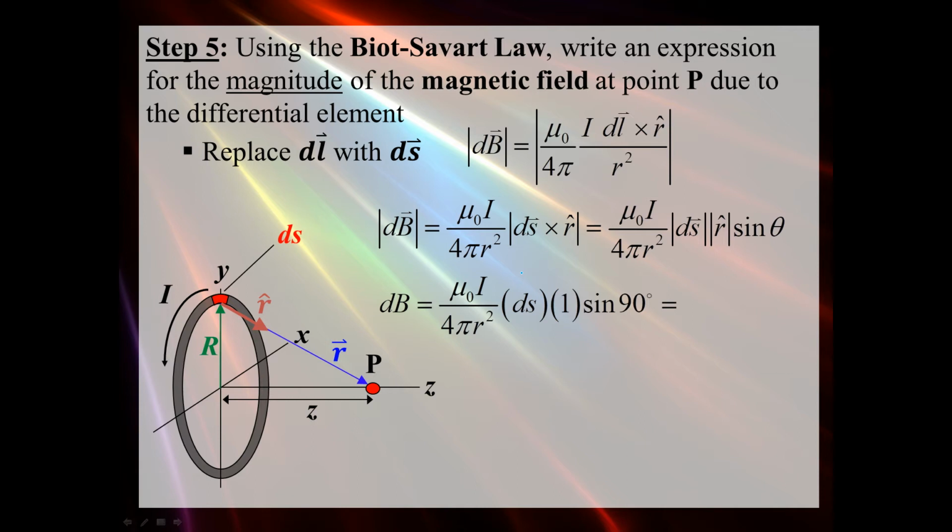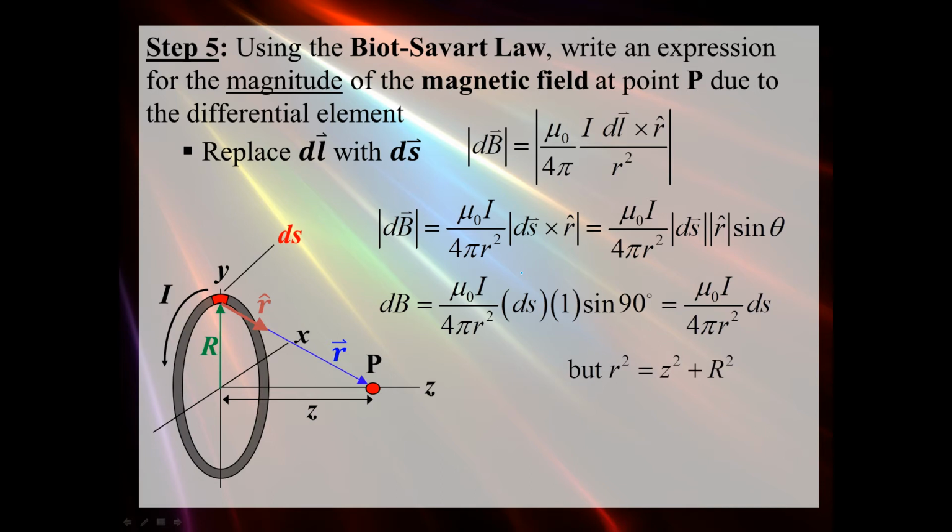So we'd have dB is equal to mu naught I over 4 pi r squared times ds times 1 times sine of 90, and of course sine of 90 is equal to 1. So this would just leave me with mu naught I over 4 pi r squared ds. So what started off looking really ugly with the original starting point for the Biot-Savart law is actually starting to become quite simplified now.